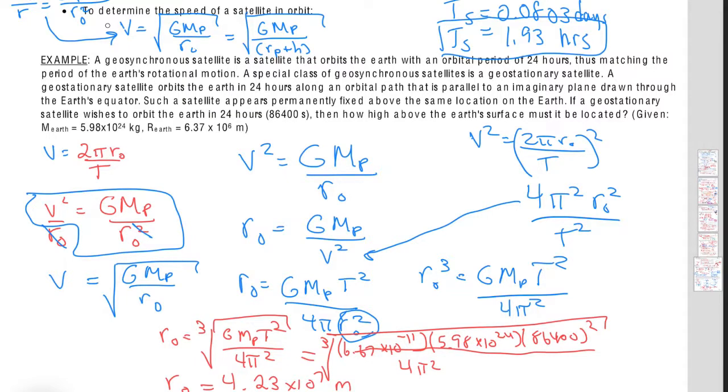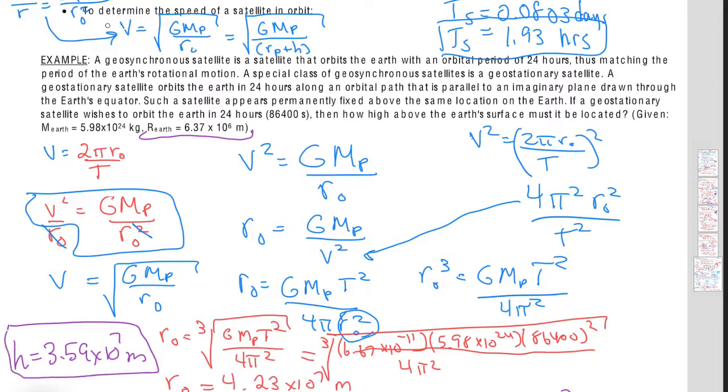So it's 4.23 times 10 to the 7th minus the radius of Earth, which is 6.37 times 10 to the 6th. Sorry, I ran into the page number there. So 4.23 exponent 7 minus 6.37 exponent 6, and I get a height of 3.59 times 10 to the 7th meters.